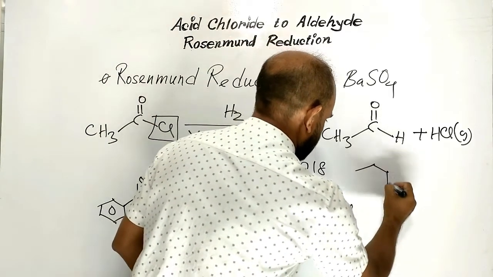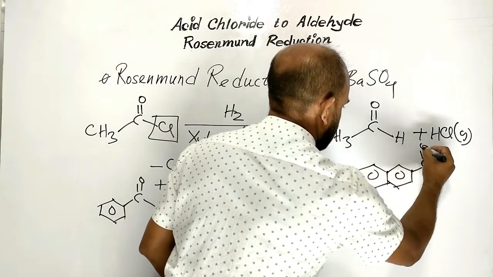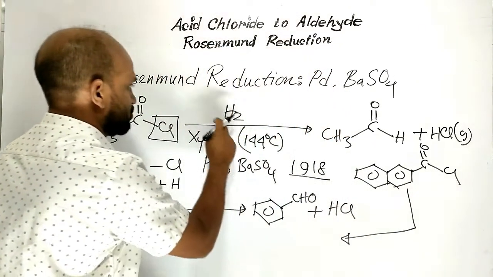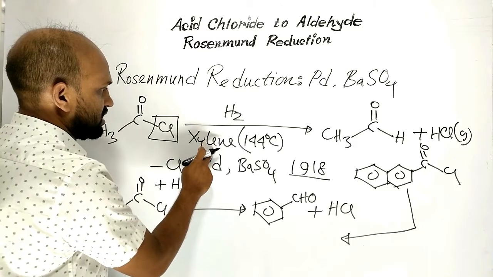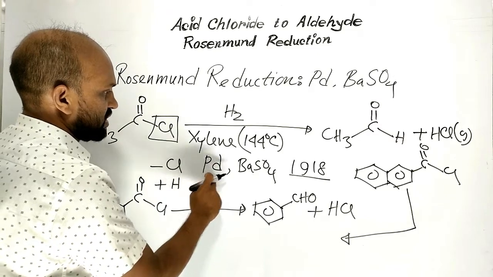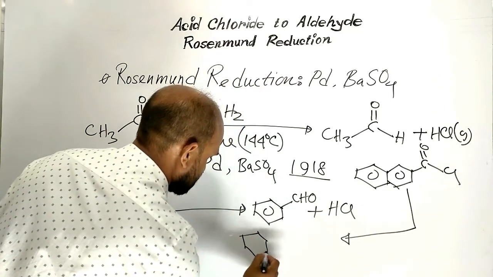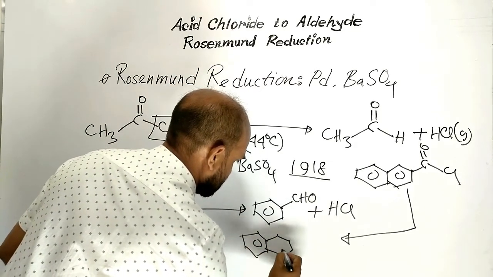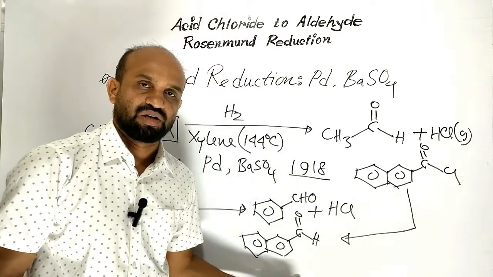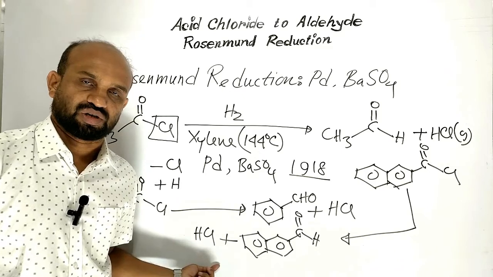Again, if we take naphthoyl chloride and if it is treated with hydrogen, boiling xylene at the temperature 444 degrees Celsius in presence of palladium and barium sulfate, then naphthoyl chloride changes to naphthaldehyde and HCl is formed as byproduct.